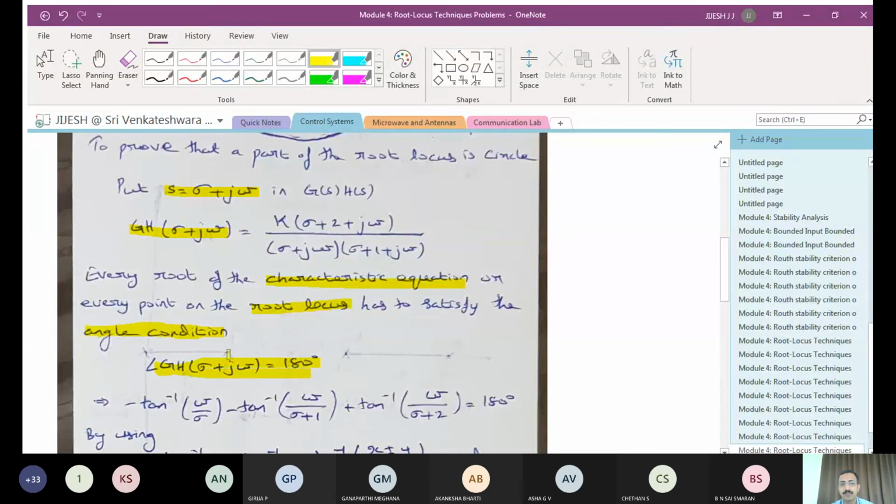When you do this, you can write minus tan inverse of omega by sigma, minus tan inverse of omega by sigma plus 1, and minus tan inverse of omega by sigma plus 2, is equal to 180 degrees.